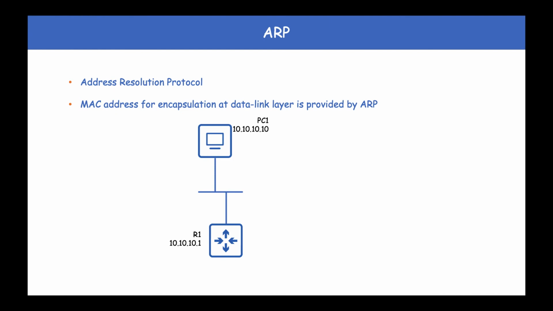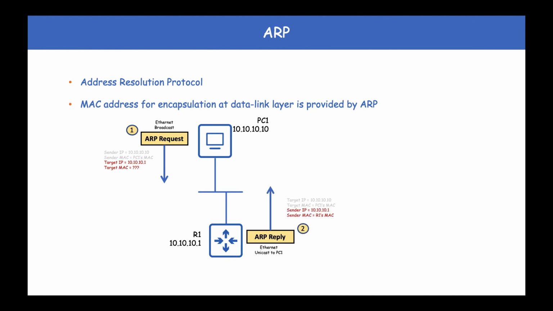The first message that PC1 sends across to router 1 is an ARP request, wherein the sender IP address is defined, the target IP address is defined, and the sender's MAC, that is PC1 MAC, is defined, but the target MAC is unknown. So PC1 sends an Ethernet broadcast asking which MAC address corresponds to the IP address 10.10.10.1, and router 1 on receiving such request sends an ARP reply.